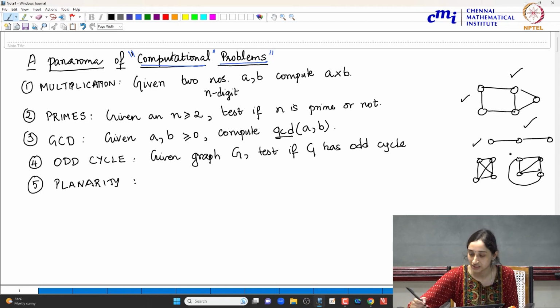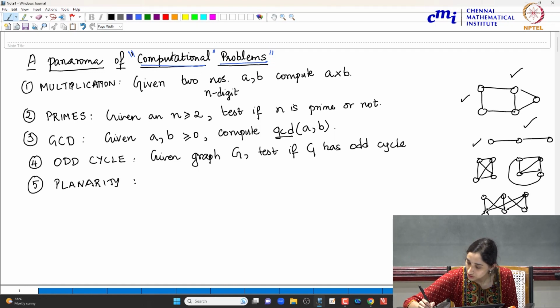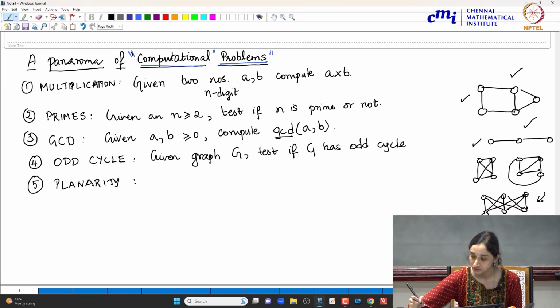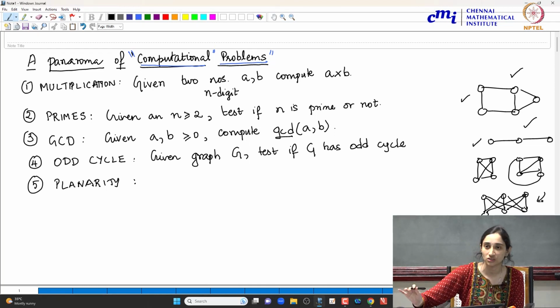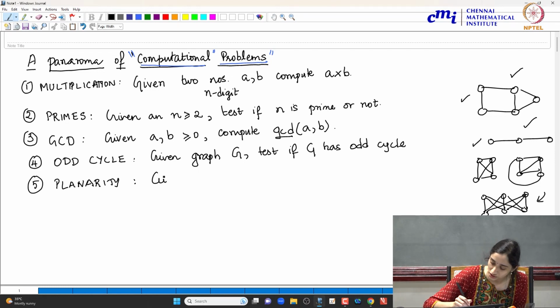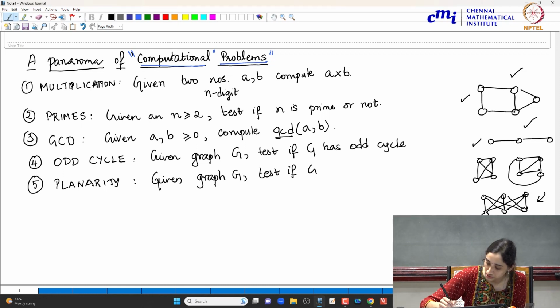It's the same thing, right? Drawn with one edge outside. This possibly, if you sit and try to draw it without edge crossings, you probably can't. Okay? So this is an example of a graph that cannot be drawn on a plane without any edge crossings. So here also you are given a graph G. Test if G is planar.